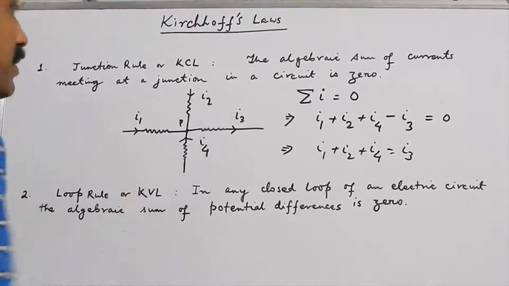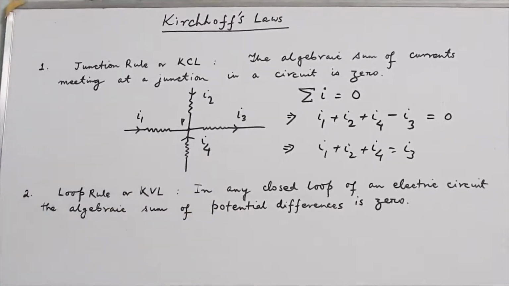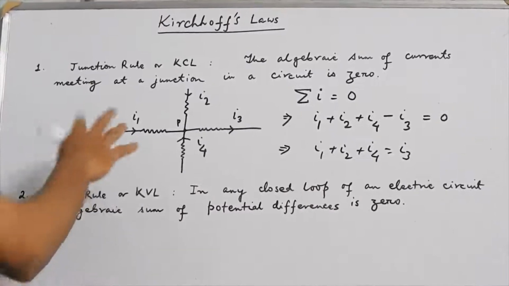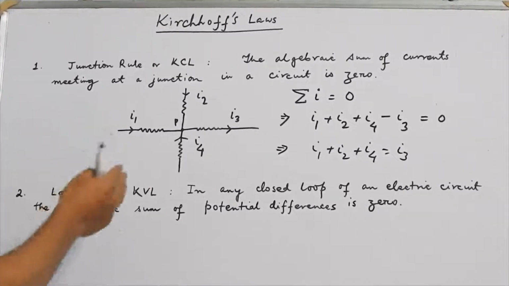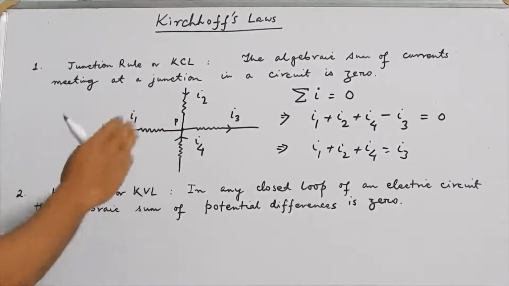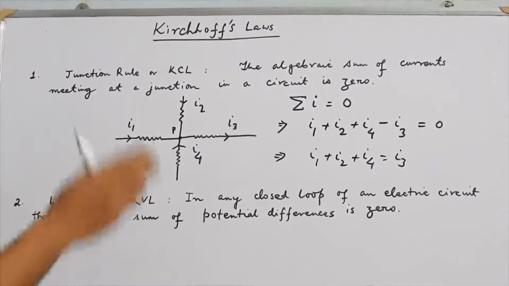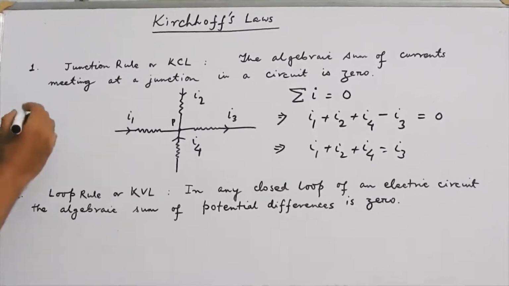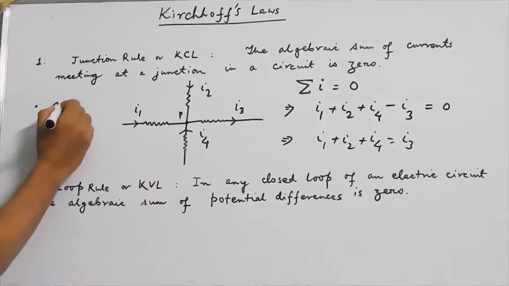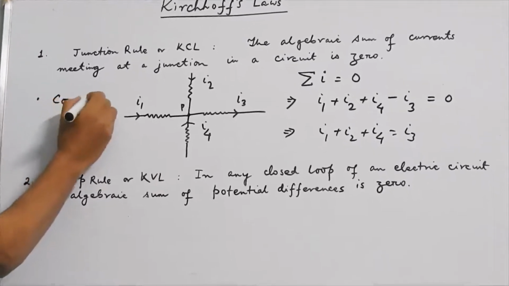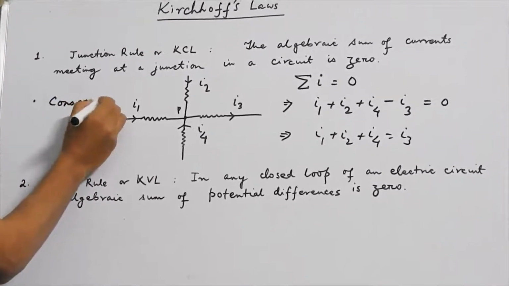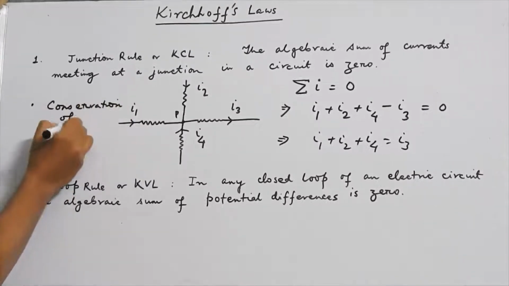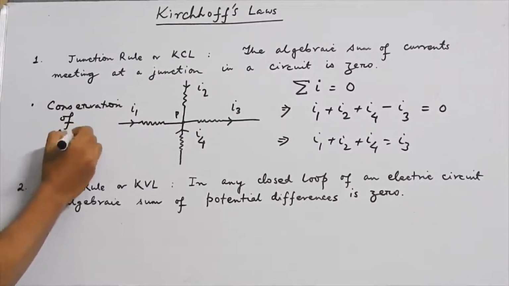So this is a very simple illustration of Kirchhoff's current law. In a complex electrical circuit, there might be several such junctions where we have to apply this principle, and this principle is nothing but the illustration of conservation of charge. So KCL simply illustrates conservation of charge, or you can say that it is based upon conservation of charge.